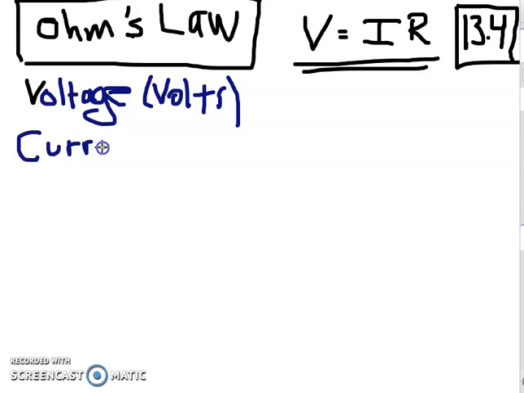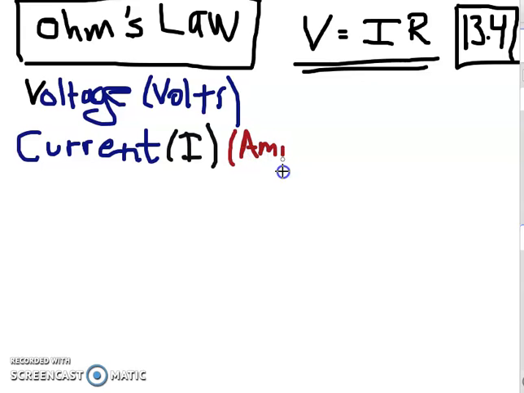Now notice the actual letter that this stands for is I. Current is I, don't ask. So that one is in amps. Okay. So here we have the current. Here we have voltage.